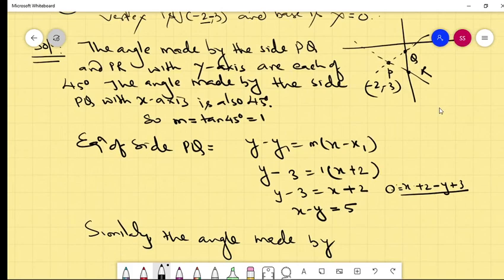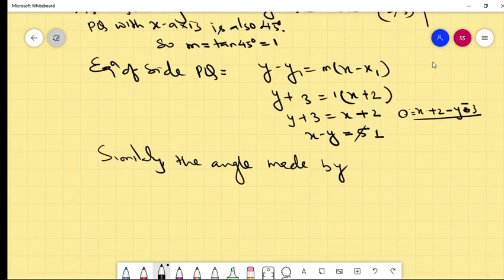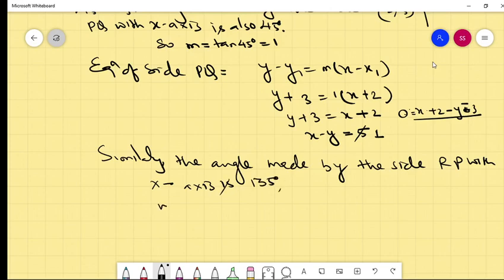Then here will be plus, here will be plus, here will be minus, if the center is minus 3 comma 2. The angle made by the side RQ with the x-axis is 135 degrees. So m equals tan 135 degrees equal to minus 1.